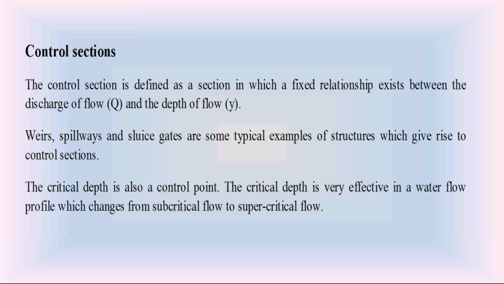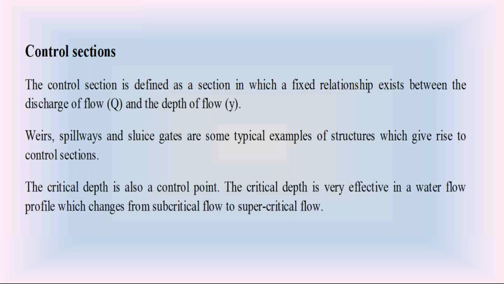That is the meaning of control section. If there is a relationship between the depth of water flow and the discharge Q, we call that section as control section. In open channels, we have that control sections. I will explain later where these control sections exist. For your understanding purpose, I consider that rectangular weir.